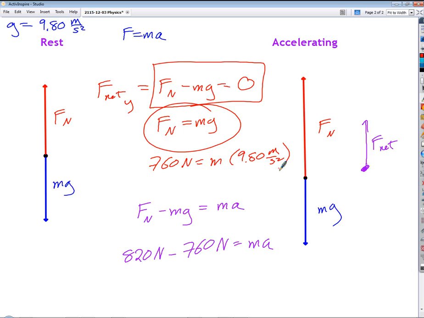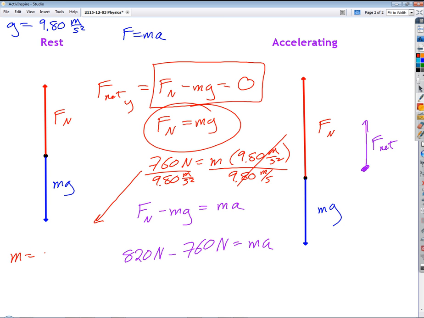So we can solve for m, can't we? If I just divide both sides by 9.80 meters per second squared, we get the value for m, don't we? So what is that? What do we get from that? So this tells us that m equals what? Somebody with a calculator.